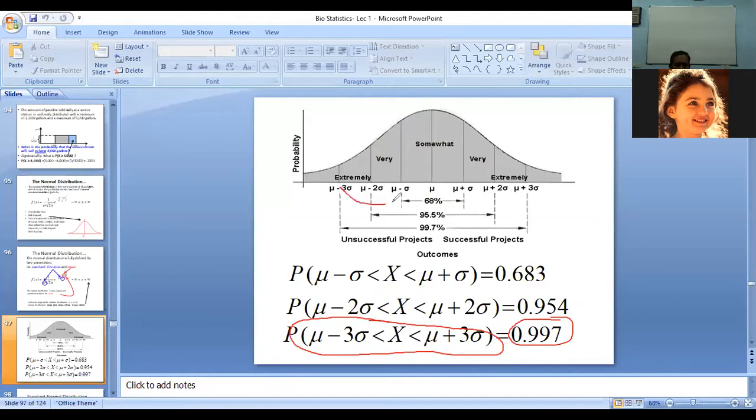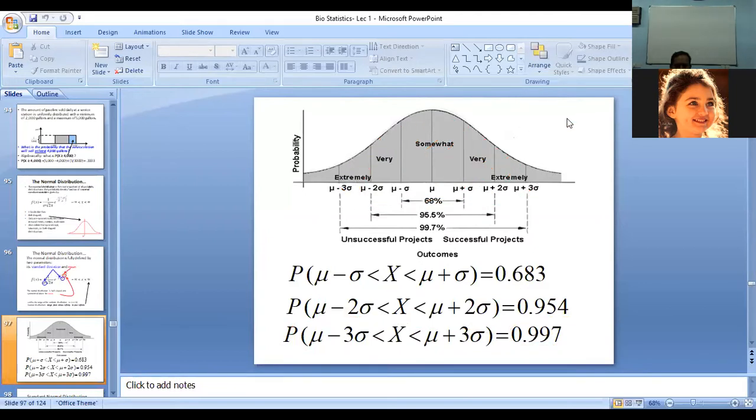In a normal distribution, it covers almost 99.7% of the area, right? We have already seen that. That is the special characteristic of a normal distribution.